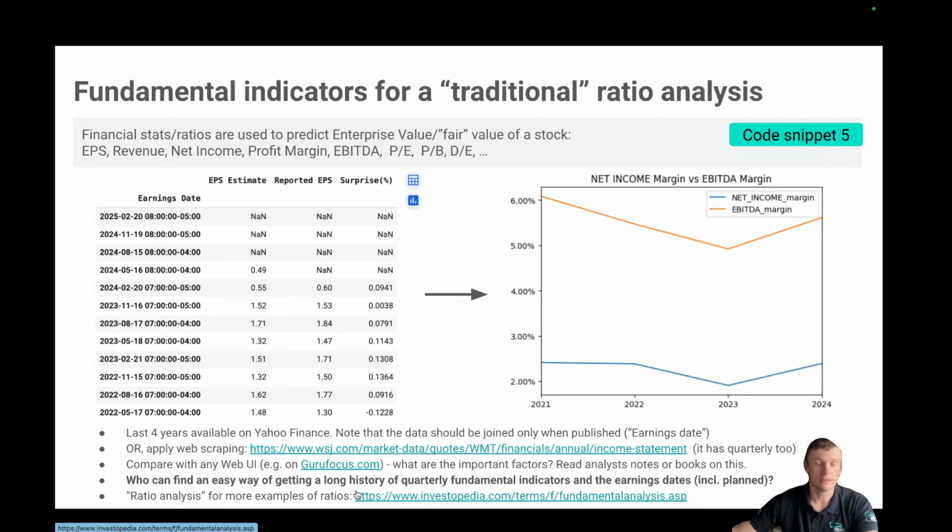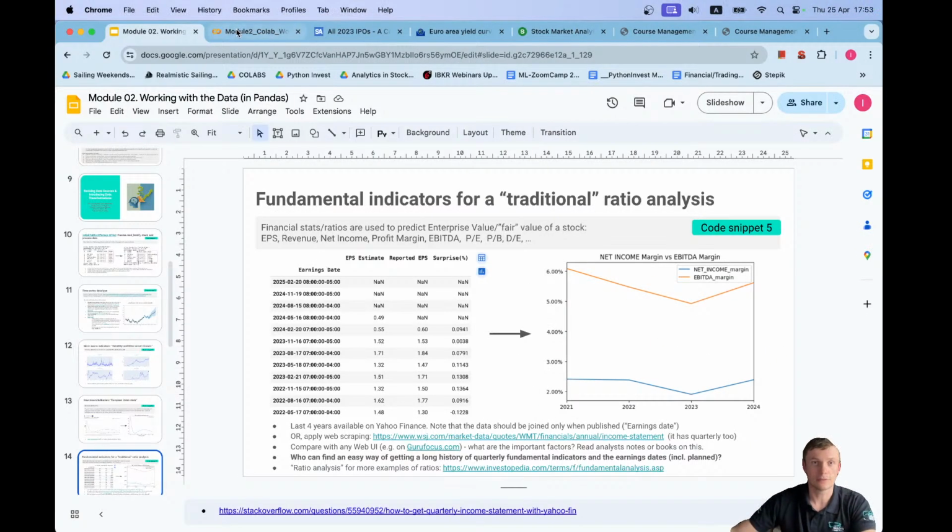I'm not a very advanced traditional ratio analysis analyst, but I see that there are a lot of websites, and someone from Slack actually pointed out Guru Focus, and it's quite beautiful, with many stats available, easy to digest, highly recommended to read about it. And now let's look into code snippet number 5.